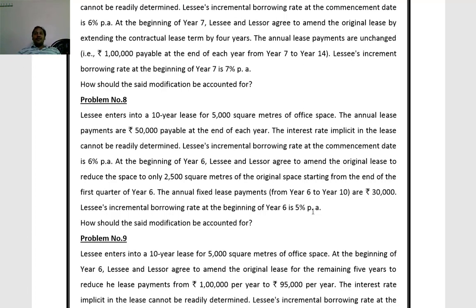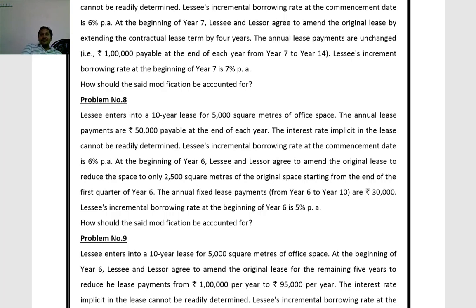Second one, decrease in the scope of the lease. When there is a decrease in the scope of the lease, we have to decrease the liability and right of use asset proportionately, relatively proportionately. Now this is a decrease in the scope of the lease. Initially it is for 5,000 square meters, now it reduces to 2,500 square meters.